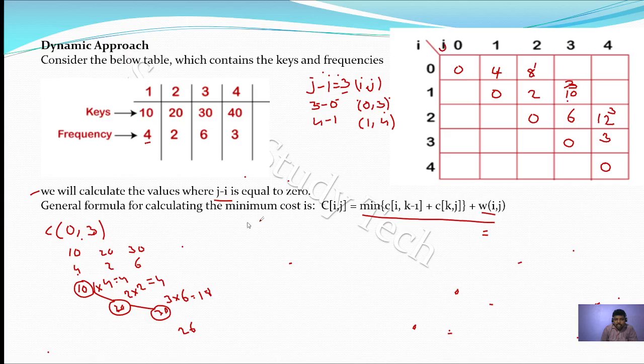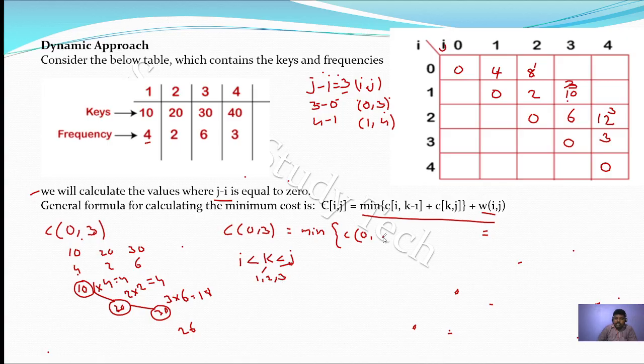Here C of 0 comma 3 is equal to the minimum of C of i comma k minus 1 plus C of k comma j plus W of i comma j. What is i? So i value is 0. What is k? Here i is less than k, and k is less than or equal to j. So i is 0, so k value is 1, 2 and 3.